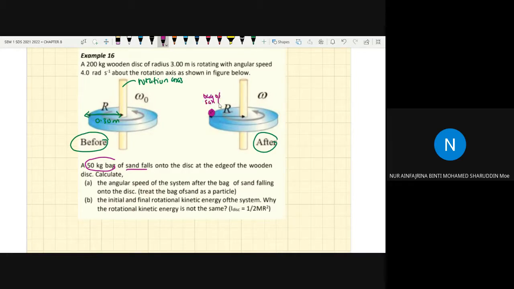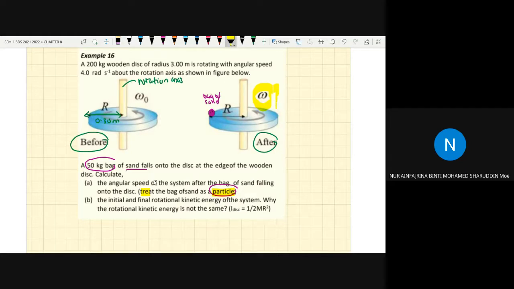Calculate the angular speed of the system after the bag of sand falling onto the disc. Treat the bag of sand as a particle. So kita akan treat dia as particle. Kenapa dia cakap treat as particle? Ada sebab, nanti Miss cerita. Okay, sekarang ini before, ini after. Dia minta kita cari apa? Dia minta kita cari final angular velocity.